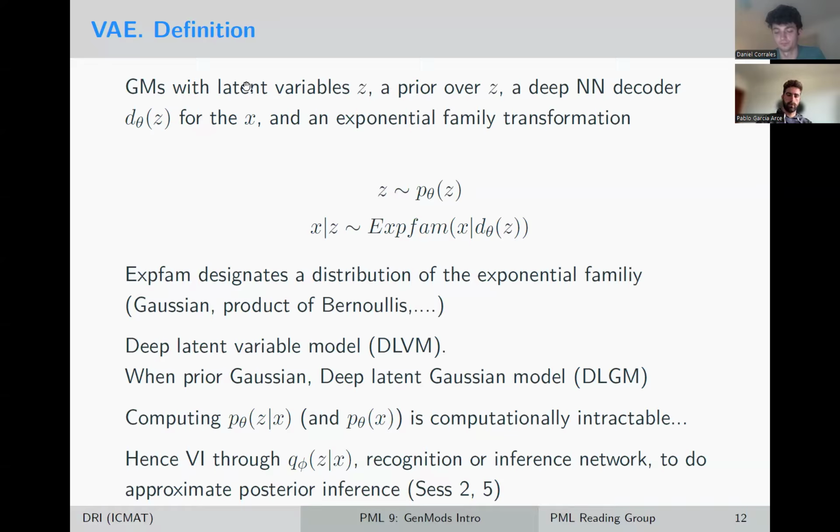And then to make it generative, remember we introduce randomness through an exponential family.